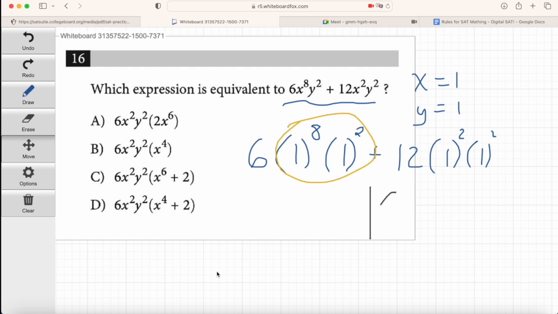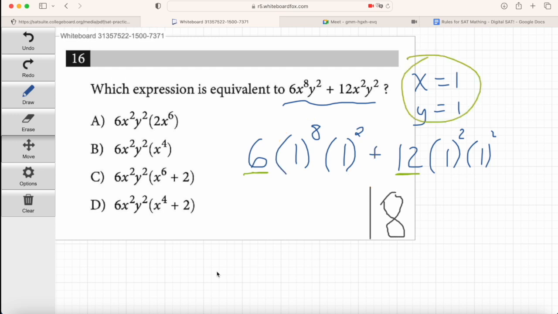So it's going to be 18. Does that make sense, Tanner? That's why I like plugging in ones here. All the terms with variables disappear, and we're left with just the coefficients in front of the variables. It's just 6 plus 12. So the right answer has to give us 18 when x is 1 and y is 1. Does that make sense?